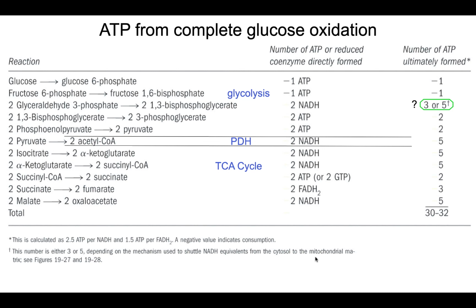So that's something that we're going to look at in another video. What are those shuttles? How are these NADH equivalents getting from the cytoplasm to the matrix? But for now, our complete tally of ATP from the oxidation of glucose is either 30 or 32, depending upon how that NADH is being shuttled to the matrix.